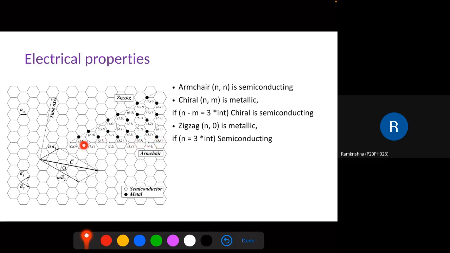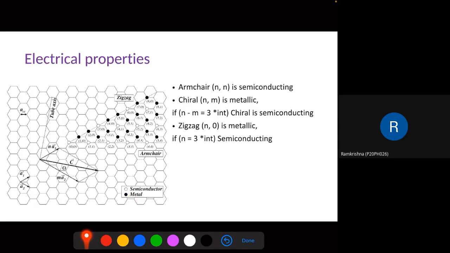Armchair means n is equal to n, so 0 0, this is 1 1, this is 2 2, this is 3 3, and so on. In this direction it is always semiconducting, right? This is what the open circle represents.